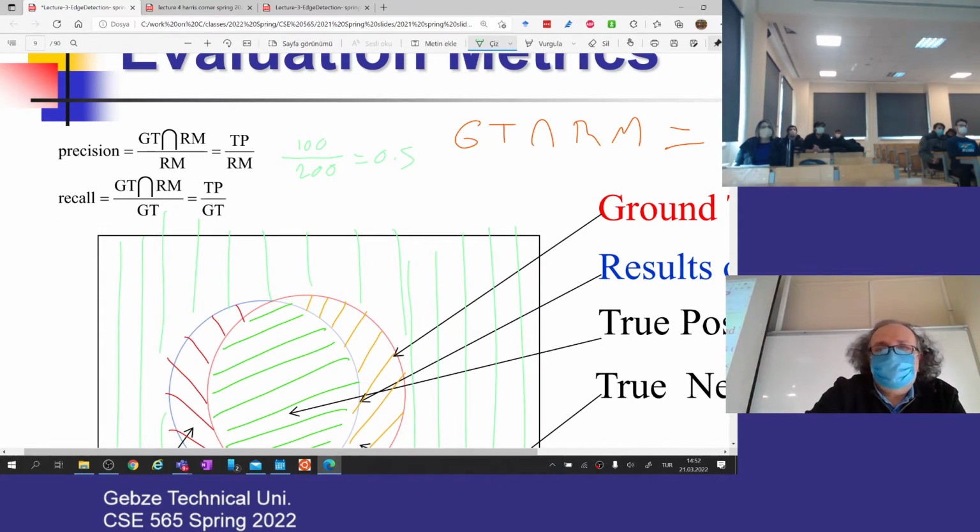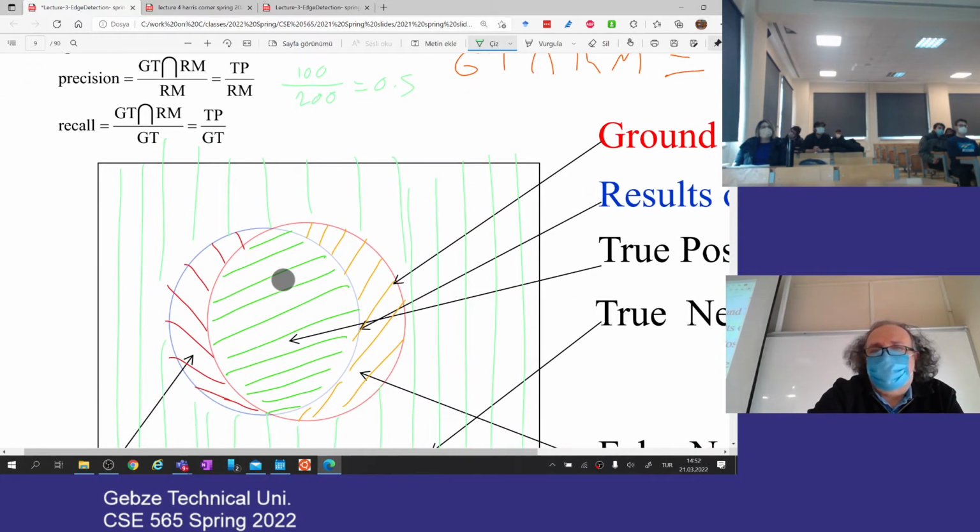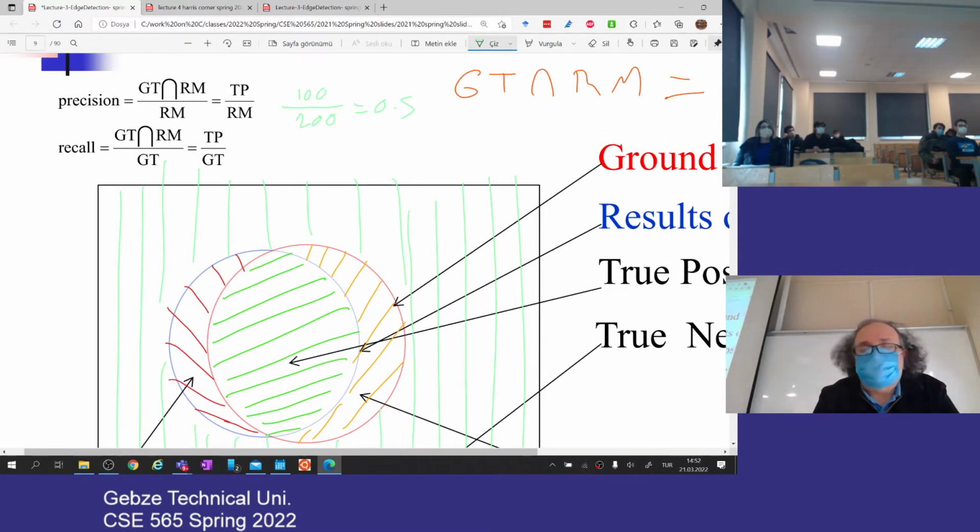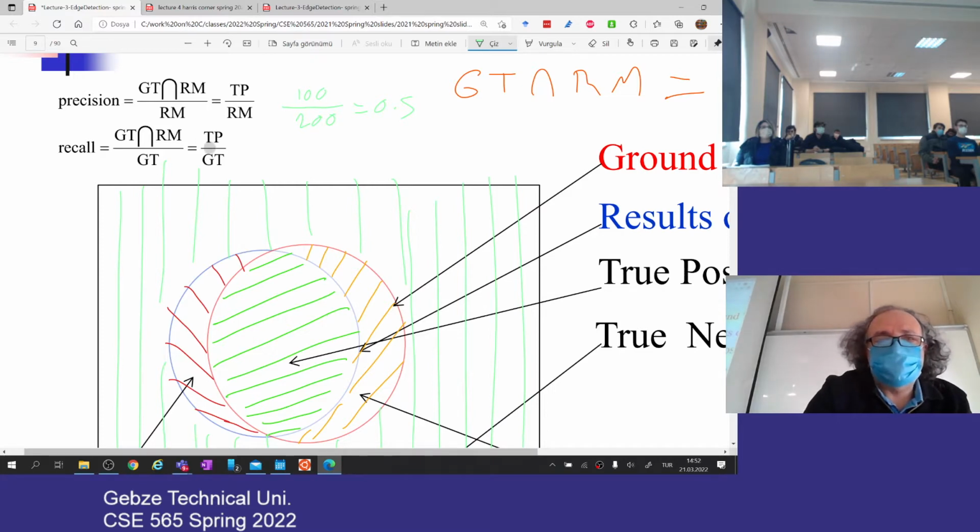So the true positives are a subset of the result of our method. So it cannot be greater than 1.0, or less than 0.0. So I like my precision to be as close to 1.0 as possible. And the other thing is true positives over ground truth.